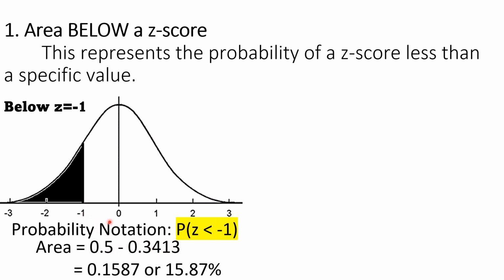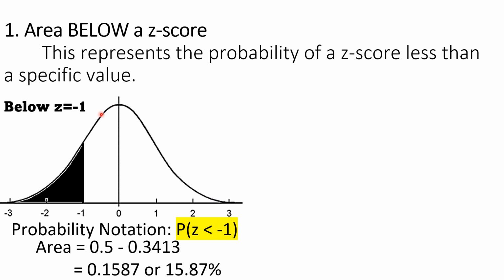Remembering the properties of a normal distribution, we know that the area of the normal curve is equal to 1, or 100%.